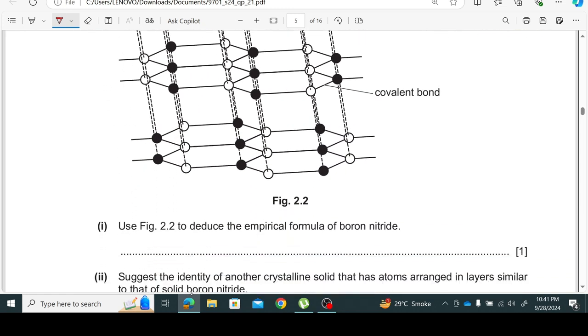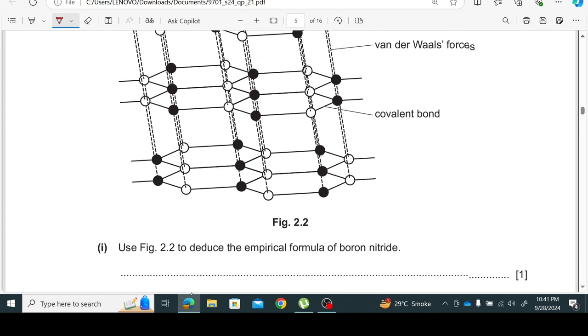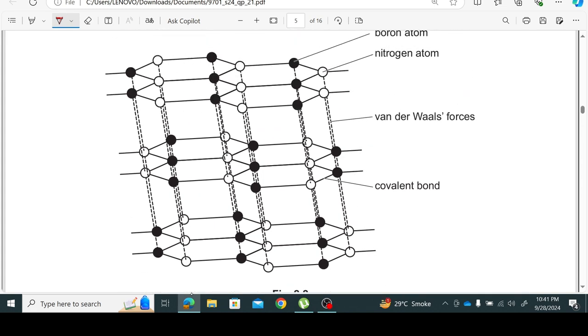What's the question? Deduce the empirical formula of boron nitride. You can take any one layer of this compound.